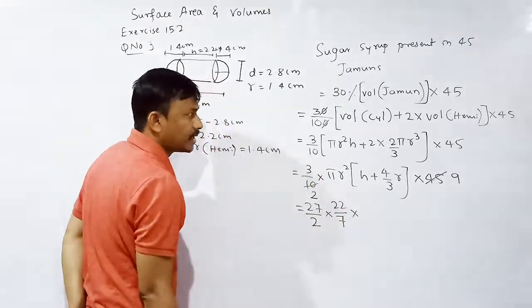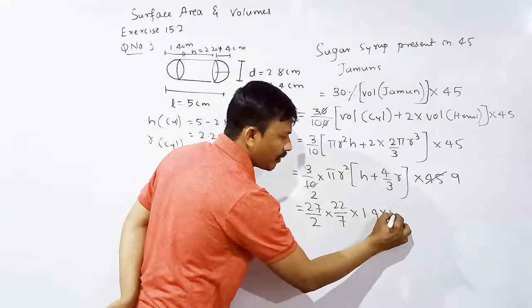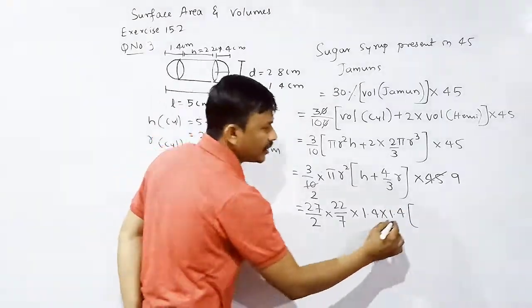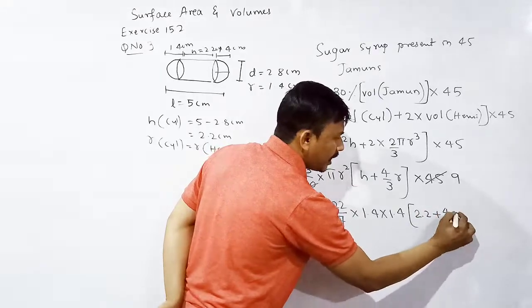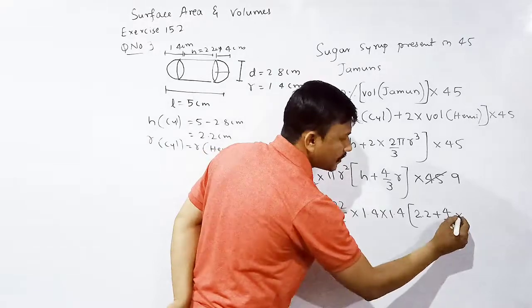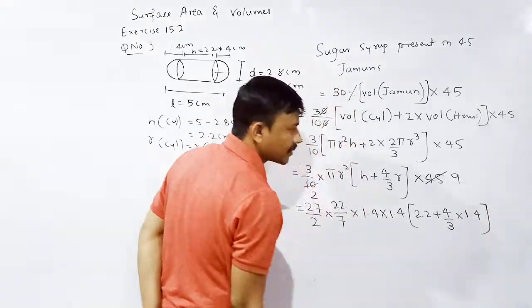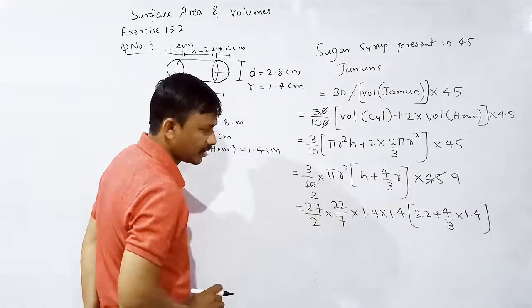What is the radius here? 1.4 into 1.4 in bracket. What is the height of the cylinder? 2.2 plus 4 divided by 3. What is the radius of the hemisphere? 1.4. Correct? Understand?